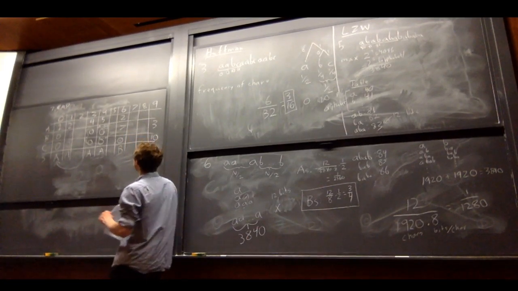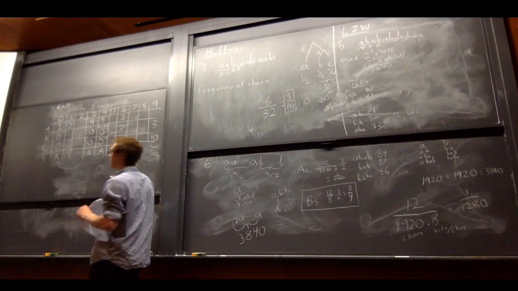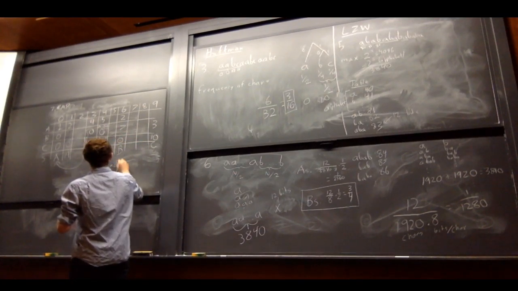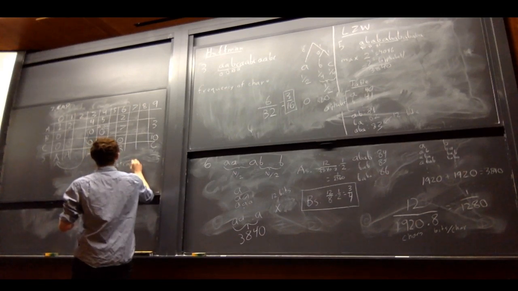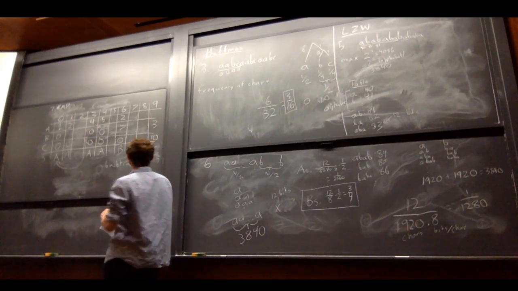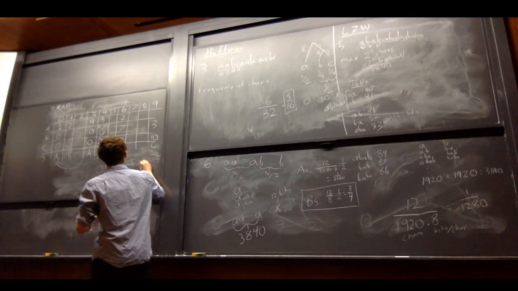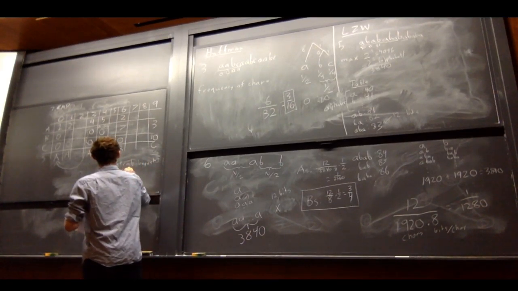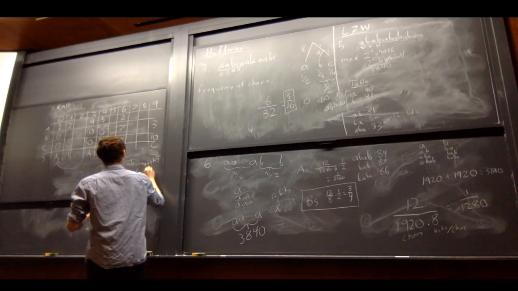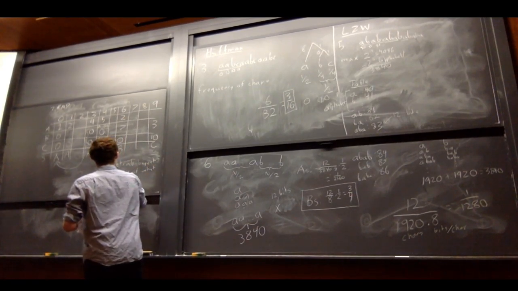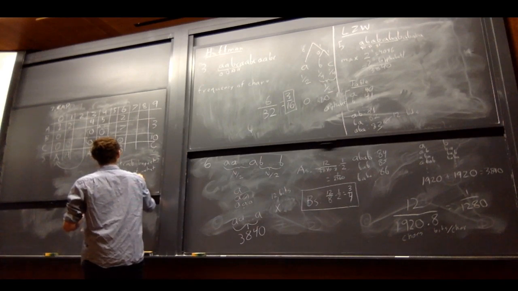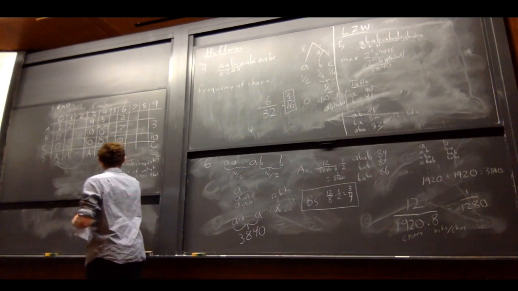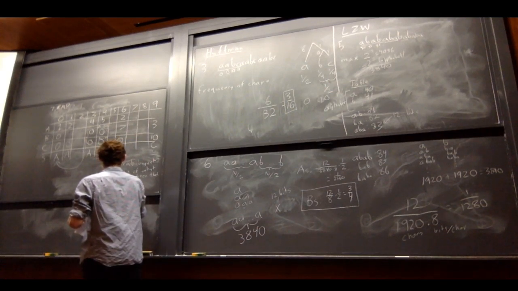So typically the strategy when you're looking at KMP tables and you want to find where to backtrack, the general strategy is you want to look for the longest suffix of what you've seen that is a prefix of your pattern.